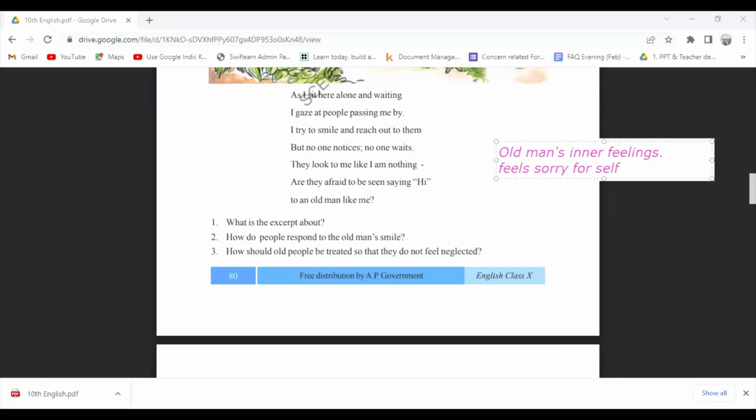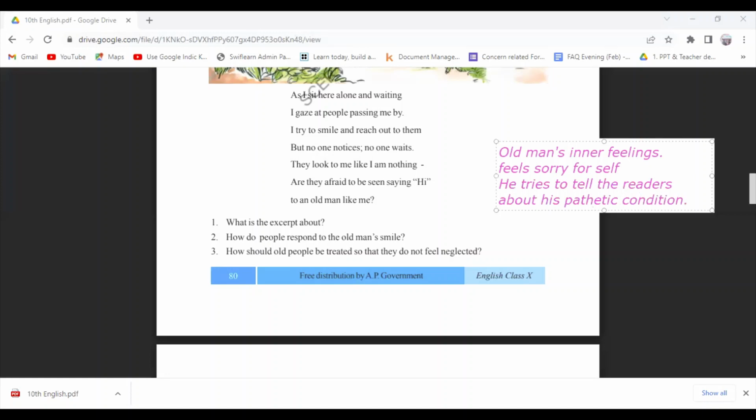He's feeling sorry for himself only, because he tries to tell the readers about his pathetic condition, a sad situation.